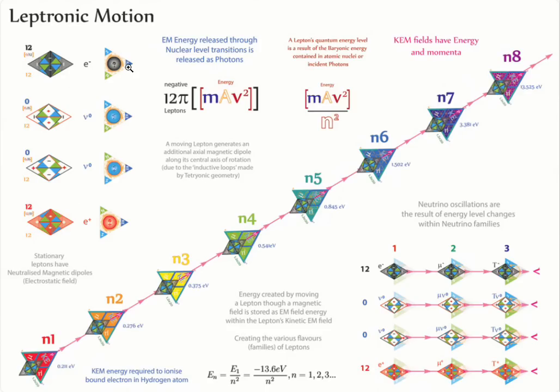The chem fields of particles in motion can be stylized using Tetryonic geometries. We can just put a point particle in the center to indicate the net charge of the particle in question, and then we can use the equilateral triangle to indicate the kinetic energy and the associated magnetic moment of the chem field that produces the motion or results from the acceleration.